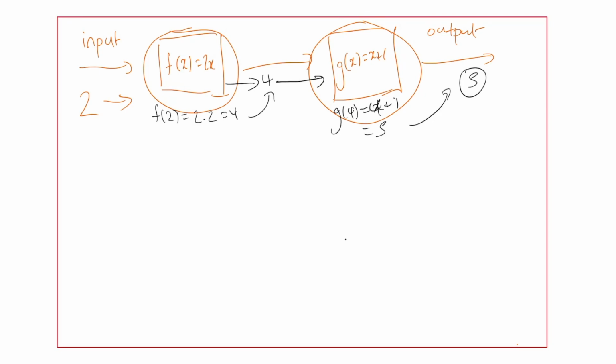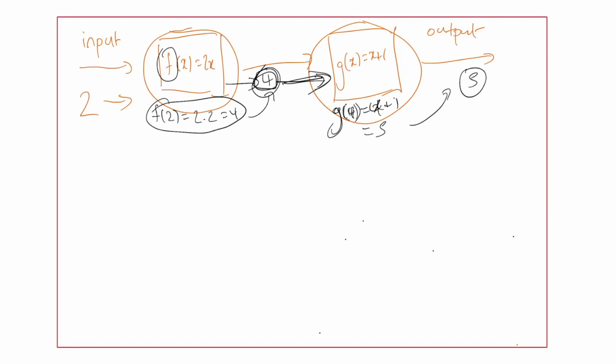For that, we need to focus on one specific idea within this analogy. Notice here that we plugged 2 into f, and that gave us an output. That's obvious. Then we took that output, which is a value of f, and we plugged it into another function, which was g of x in our case.